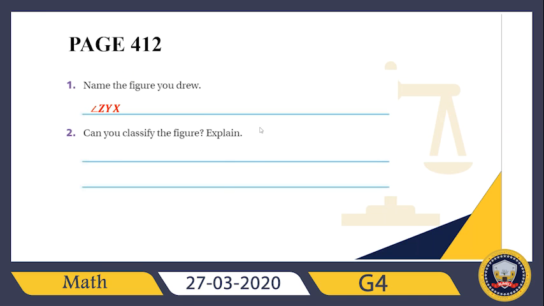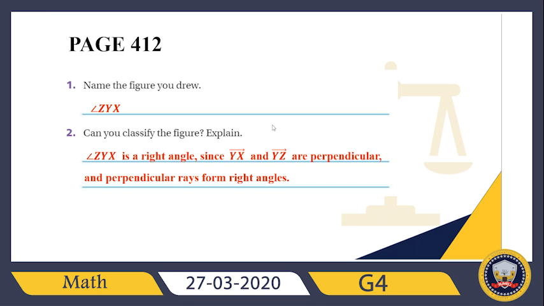Explain. How can I classify? I know this is a right angle because I already put a square for this angle. If they are a right angle, I know ray YX and ray YZ are perpendicular. Because of this, I put a right angle. And perpendicular rays form right angles.